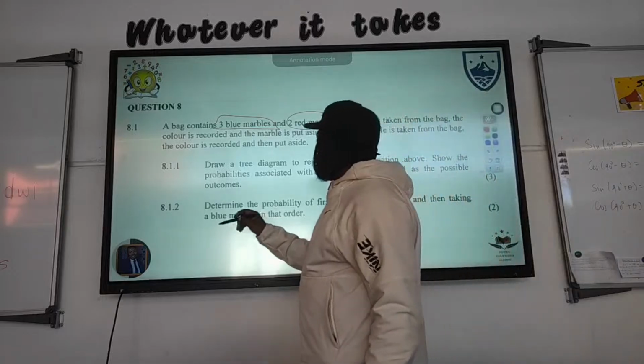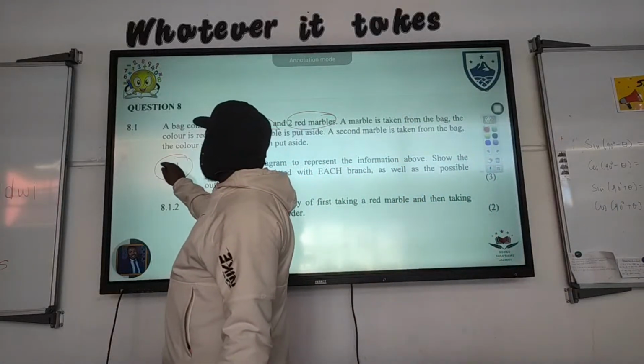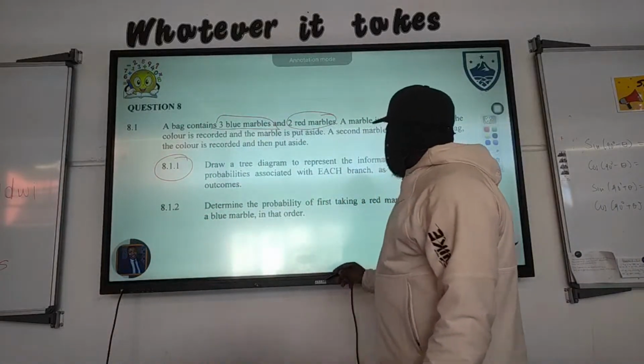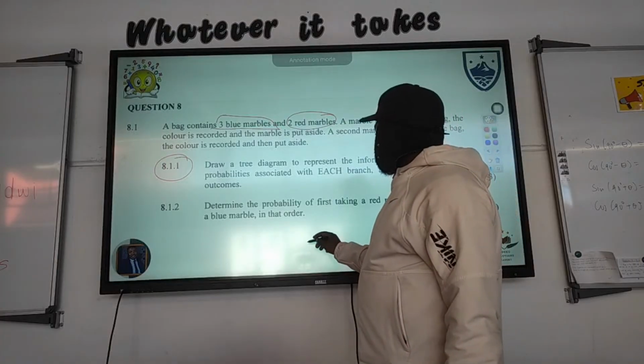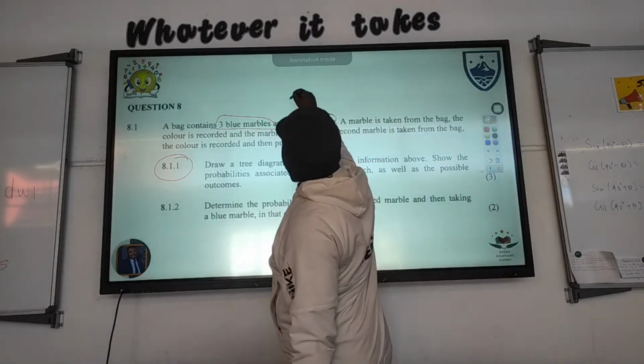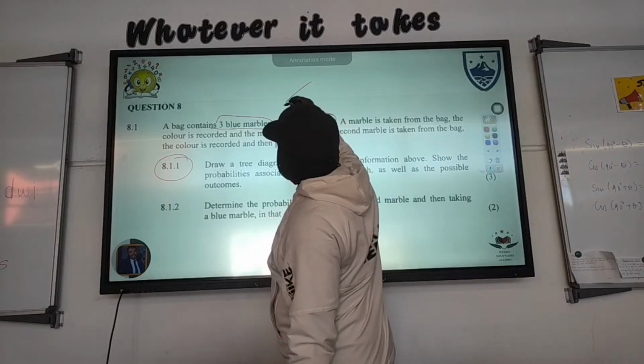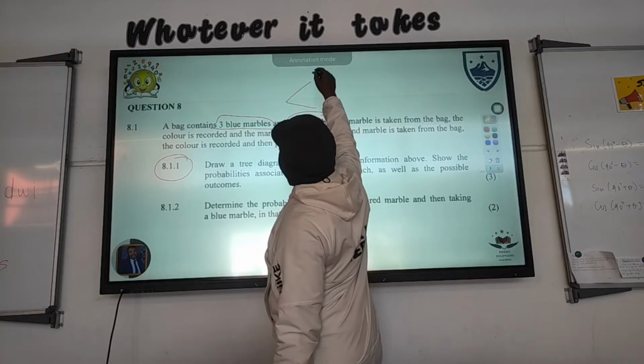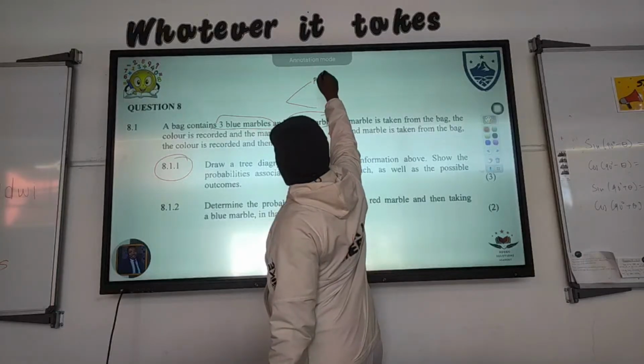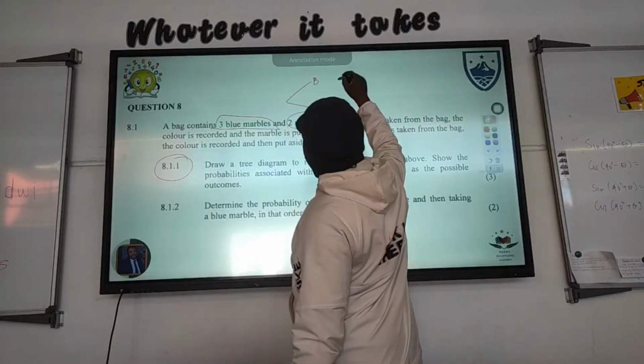So I'm going to start with 8.1. The first withdrawal. Two sets of balls. So we have marbles, blue, first withdrawal, and then red.